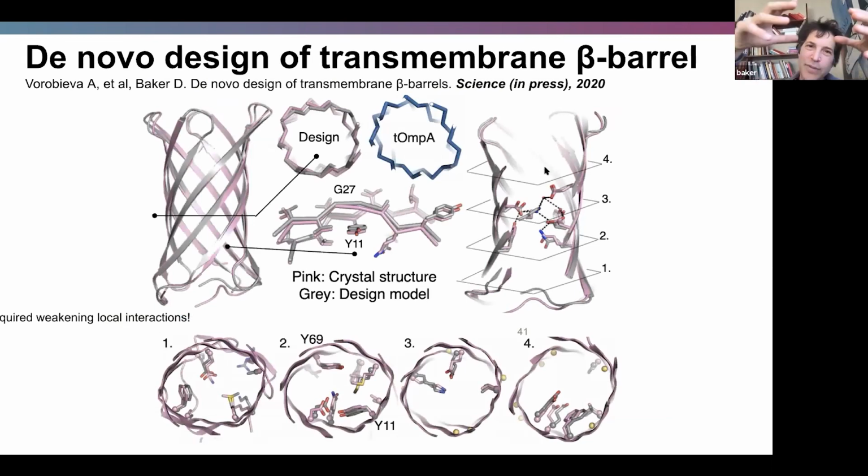And what I've described so far are helical transmembrane proteins that have rings of alpha helices. But some of the really interesting transmembrane proteins that are, for example, used in single molecule DNA sequencing are beta barrels that sit in the membrane. And we've recently learned how to design these proteins from first principles.